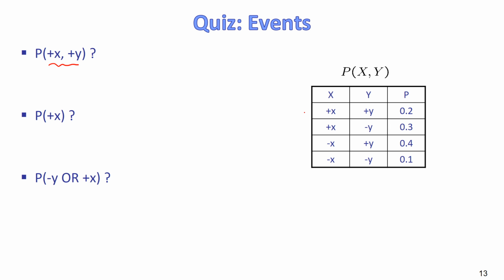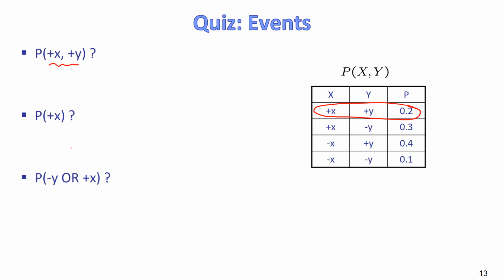We always look at the rows that match the conditions that we have. So here we have plus x and plus y. That's the only row that matches the event, so that will be 0.2.